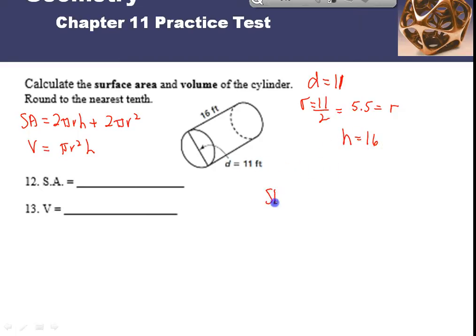So my surface area is going to be 2 pi 5.5 times 16 plus 2 pi 5.5 squared. So that's 11 times 16, 176 pi.